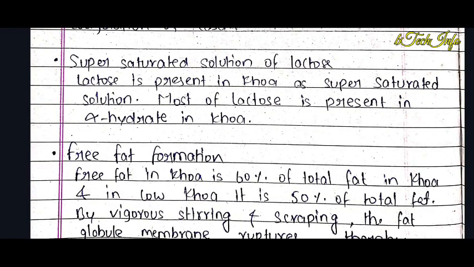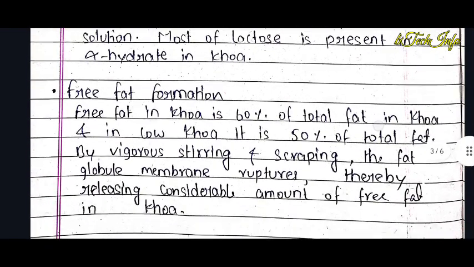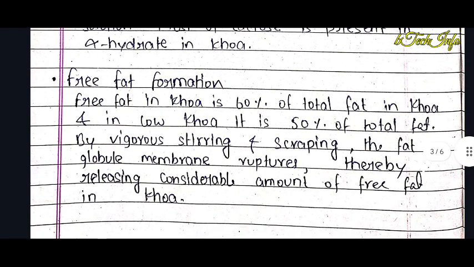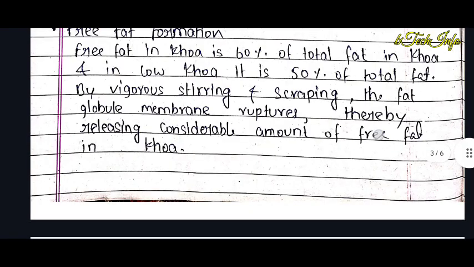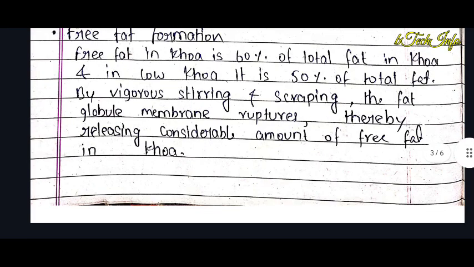Now again, the free fat formation. Free fat in Khoa is about 60% of total fat in Khoa, and in cow Khoa it is 50% of total fat. By vigorous stirring and scraping, the fat globule membrane ruptures, thereby releasing a considerable amount of free fat in Khoa.